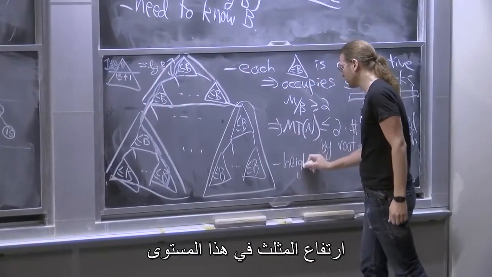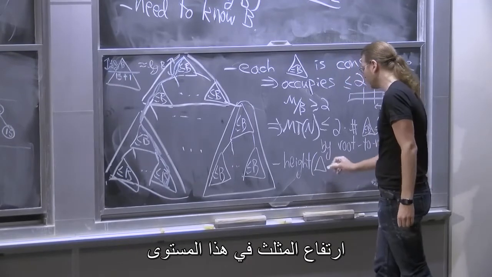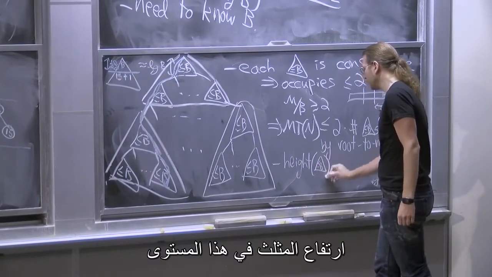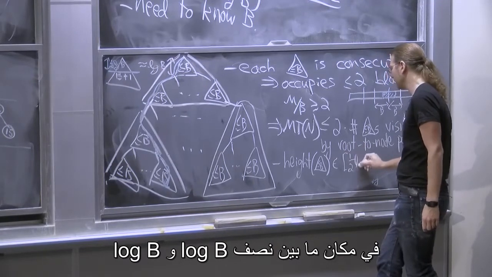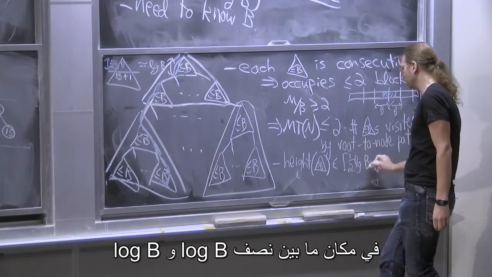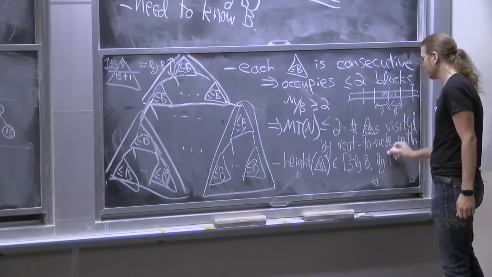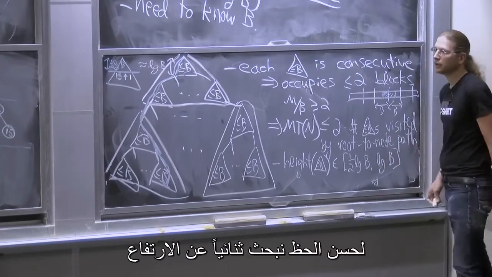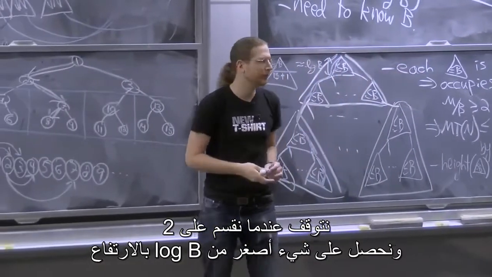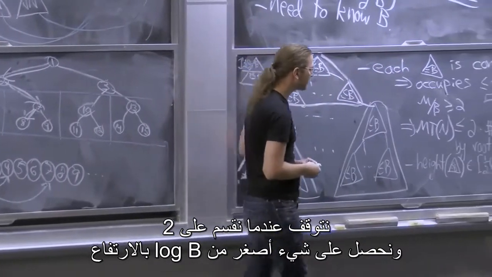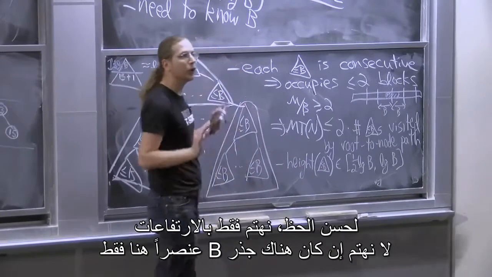Okay, the height of a triangle at this level is somewhere between half log b and log b. Luckily, we're basically binary searching on height. We're stopping when we divide it by 2 and we get something less than log b in height. Luckily, we only care about heights.